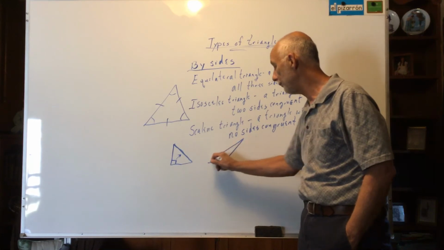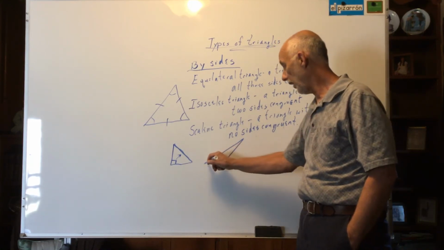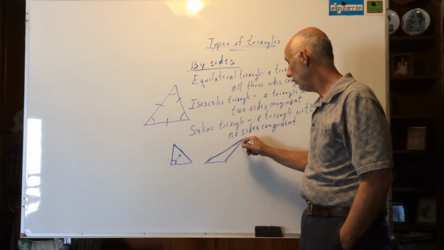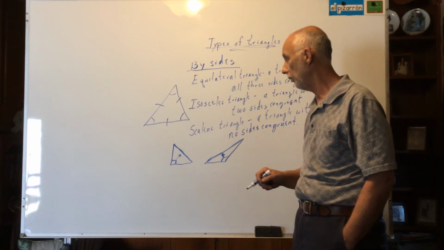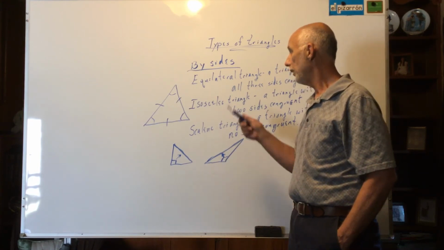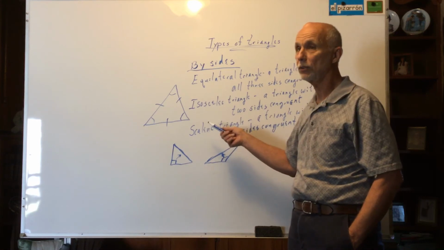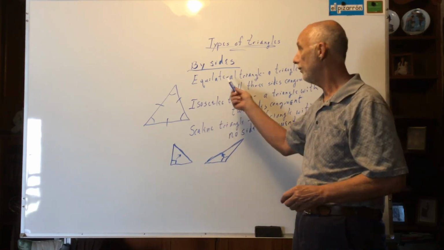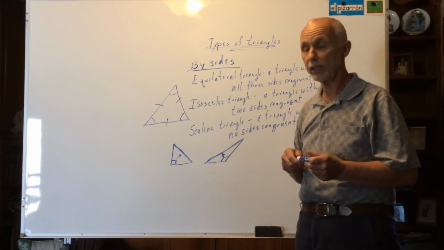You cannot have an obtuse equilateral triangle because one side is always longer than the other two, and that's the side opposite the obtuse angle. So you can have 3 types of isosceles triangles and 3 types of scalene triangles, but you can only have one type of equilateral triangle, and that would be an acute equilateral triangle.